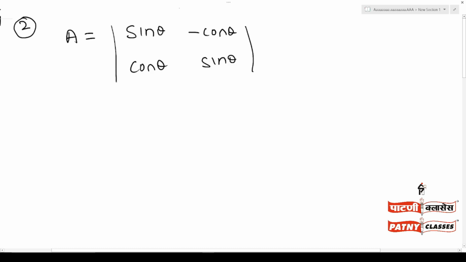Take an example. Suppose A equals to sin theta, minus cos theta, cos theta, sin theta. We need to find determinant of this. Before that, let us compare with ABCD.